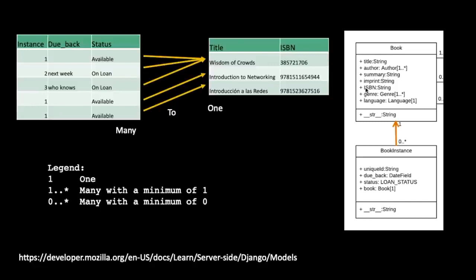If we then look at the relationship between the book and the book instance, remember the book instance's purpose is to record the fact that we have the actual physical copies of the books. And so we might have multiple copies. It's pretty much the same in that there is any number of book instances from 0 until infinity.